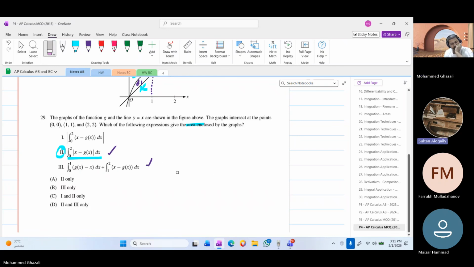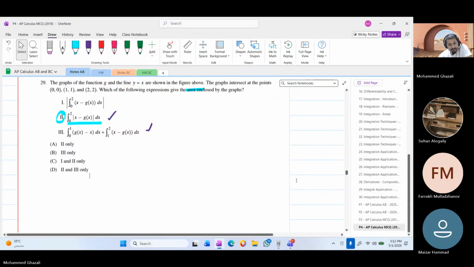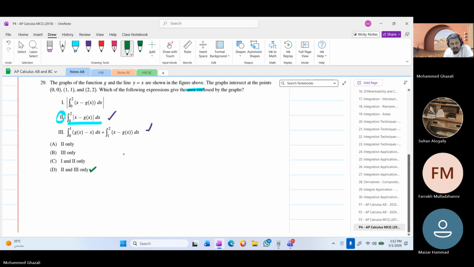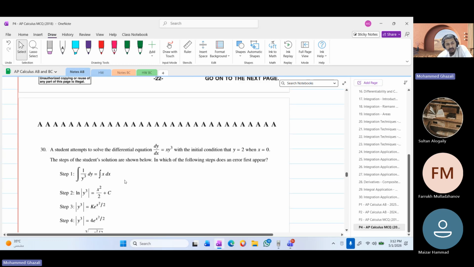Because you're calculating 2 separate areas. If you calculate 0 to 2 without the absolute value, the areas will cancel each other out and you'll get 0. But with the absolute value, you're calculating from 0 to 1 and then from 1 to 2. So there are 2 ways of doing this, especially when it's area between curves. So 2 and 3 both will work.